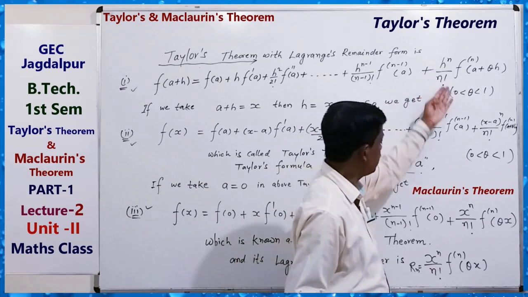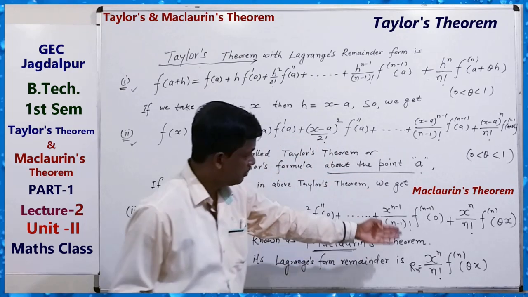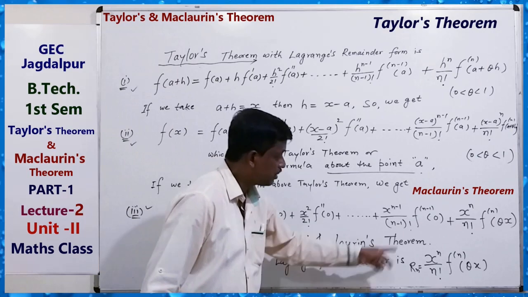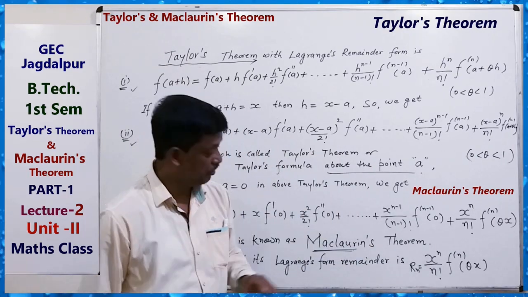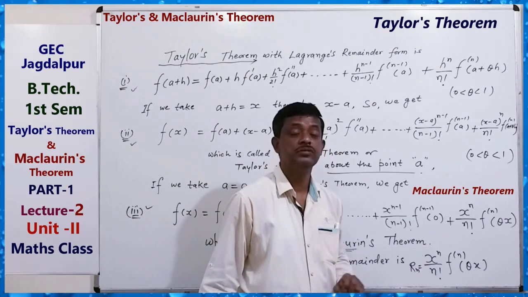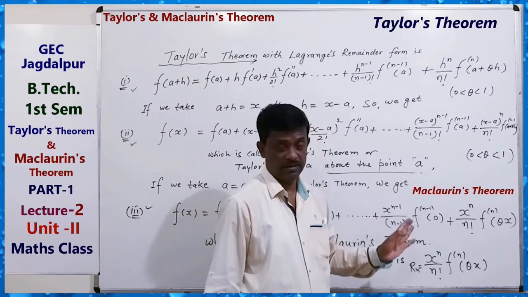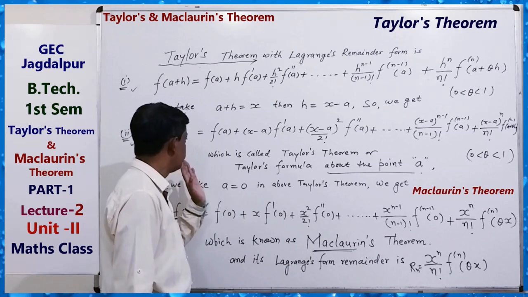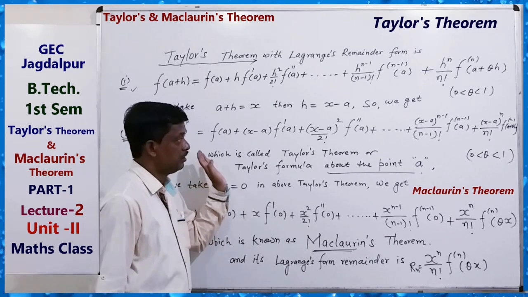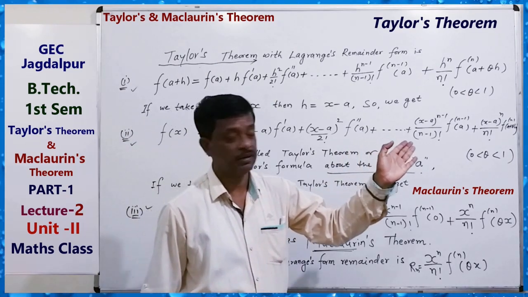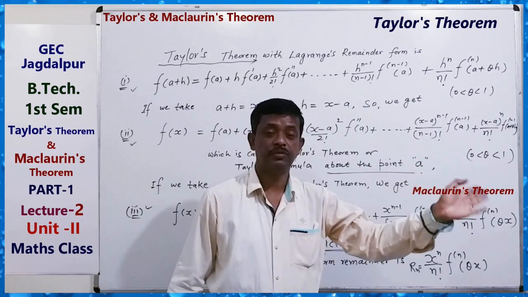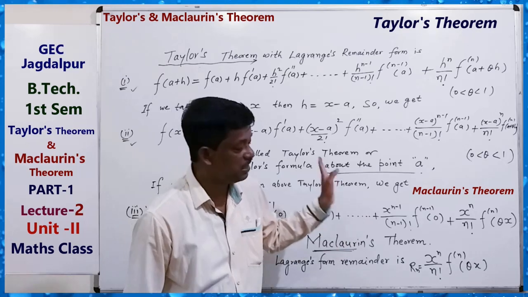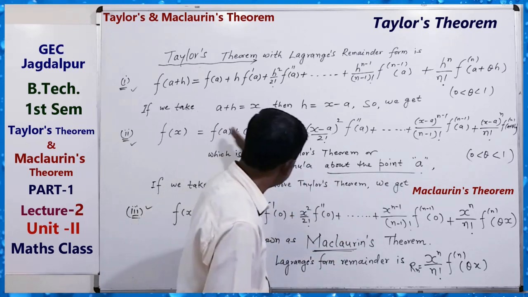that is, this is the remainder form, we write it as the remainder form. So if the remainder can tend to 0, then we can say that the theorem can be written up to infinite terms, as many terms as following this process.